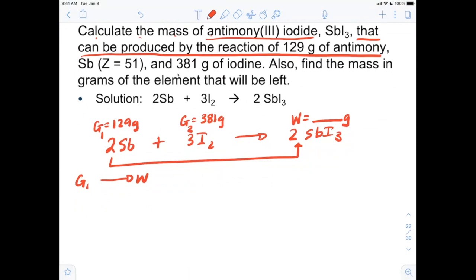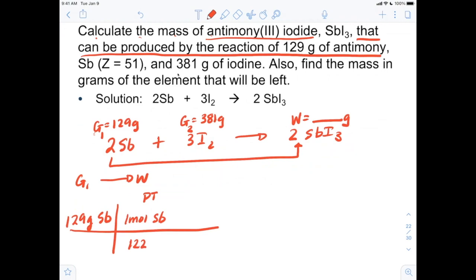In given 1 to wanted, I have to start with my given number, right? Given 1, 129 grams of Sb. That's the number and the formula that goes with the number. I use my conversion. Remember, it's PT first. 1 mole of Sb, and the mass for antimony is 122.